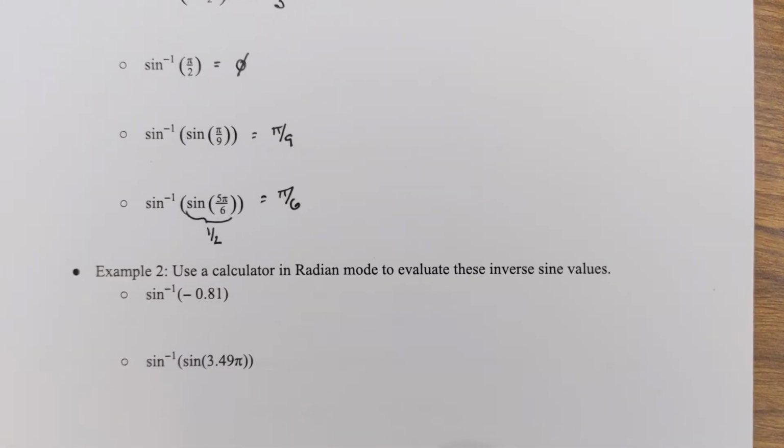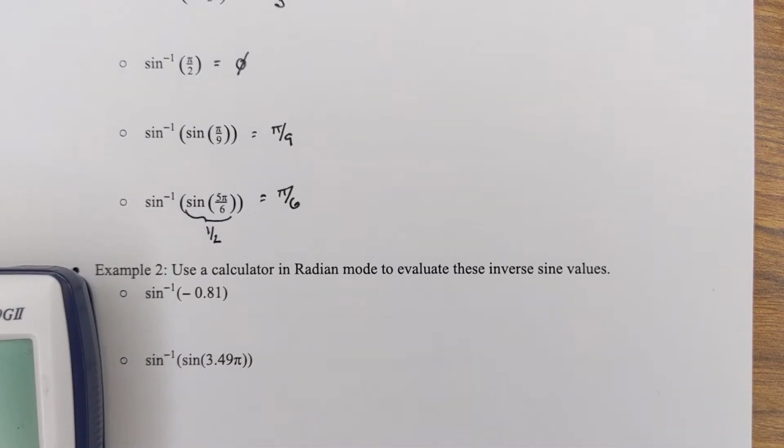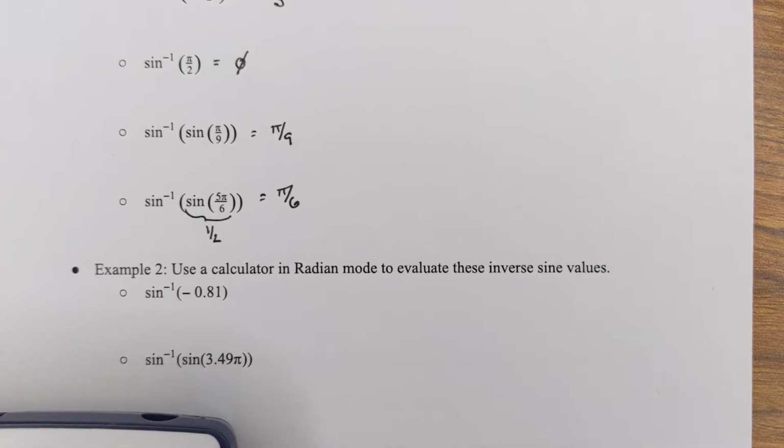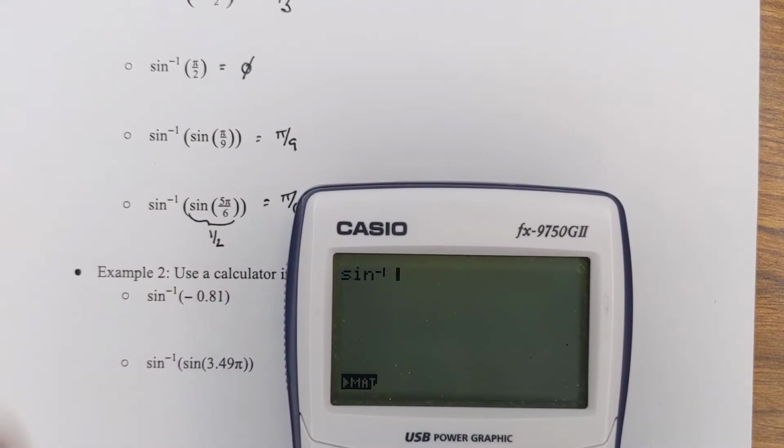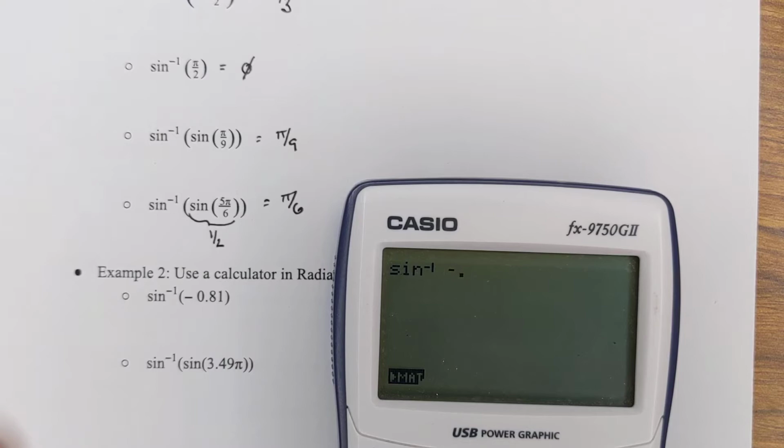Down here, calculate in radian mode to evaluate these. So let's make sure my calculator is in radian mode. Yep, okay. Inverse sine, inverse cosine, and inverse tangent can all be found as the shifted versions. So there's inverse sine, and then I just type in negative 0.81.